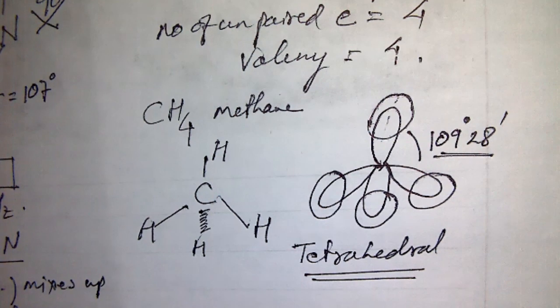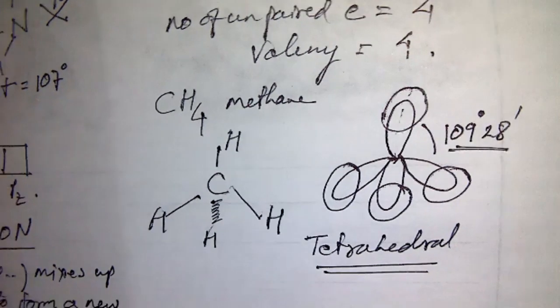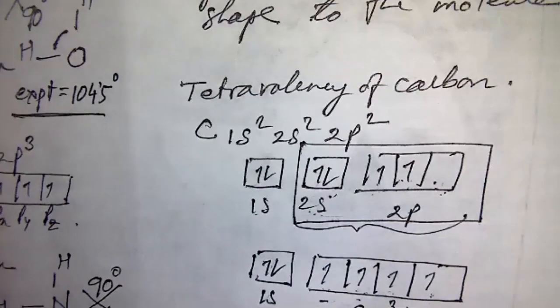So this is always fixed. It does not change. Understood? So this is your tetravalency of carbon. You can easily explain the tetravalency of carbon. Understood? Then I'll just explain you once more. For that, this is very important.